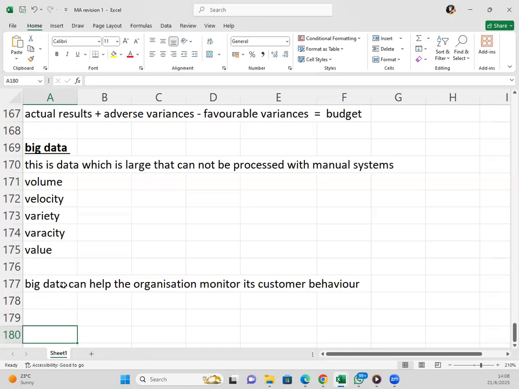If you maybe click a certain advert, you realize that after that, they will be sending you a lot of adverts of that nature. So they can monitor the behavior of customers to say, okay, now people are interested in this. By being able to process large volumes of data, they can see what it is that people are clicking these days.